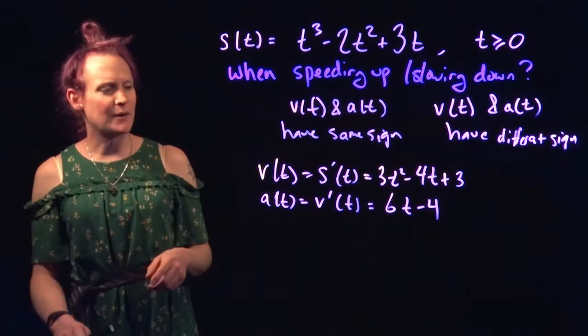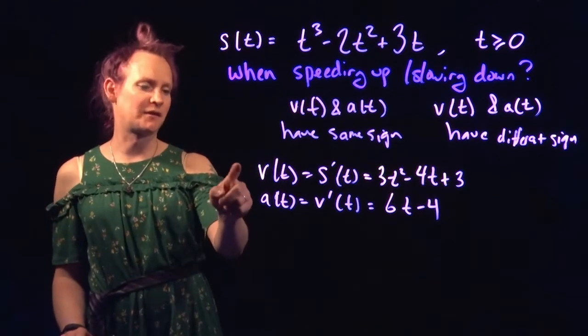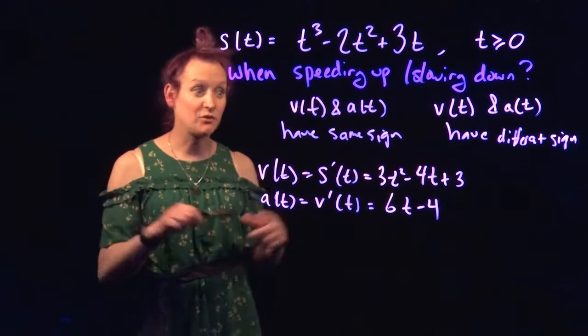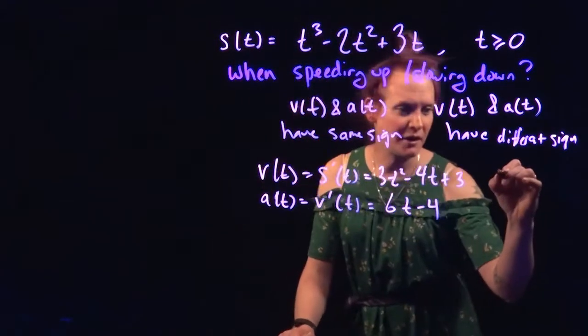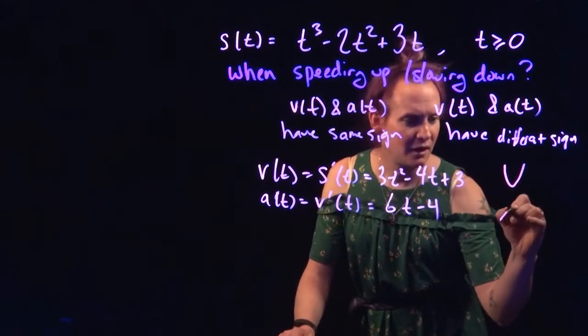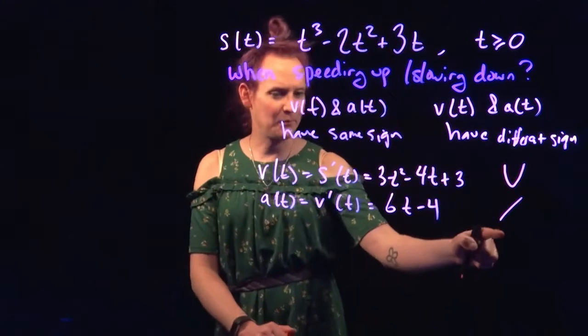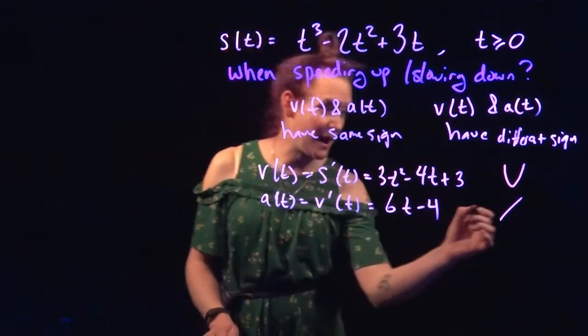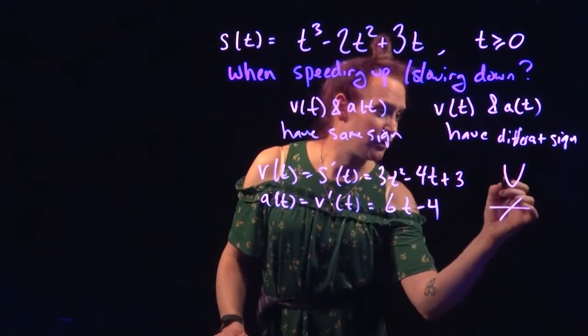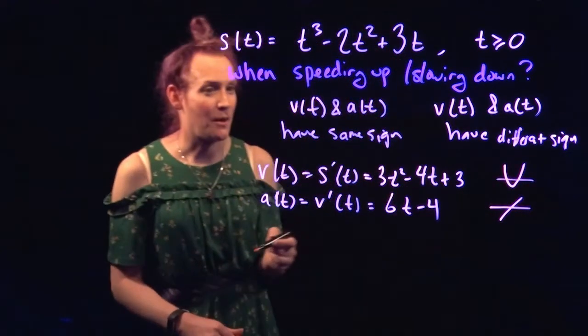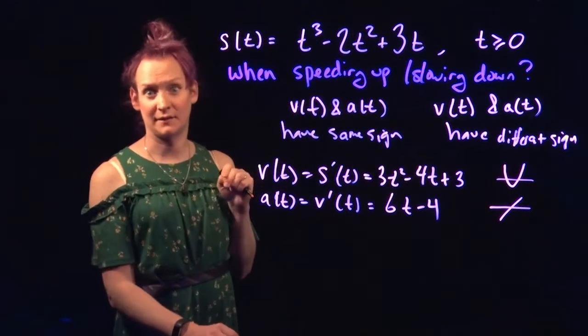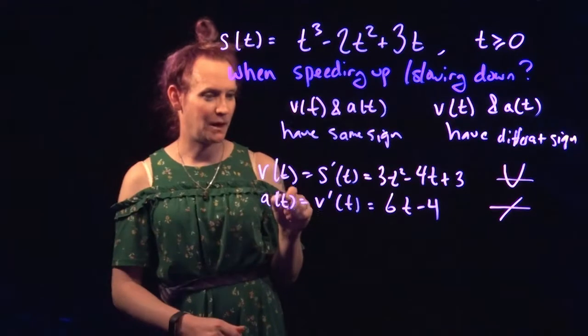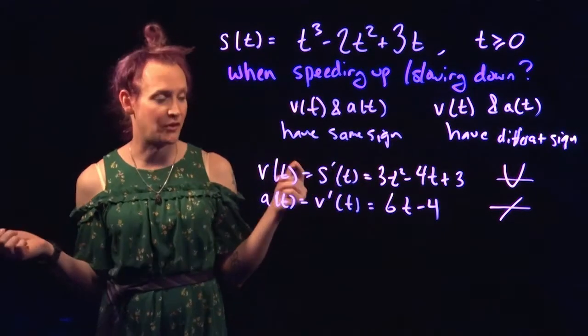Let's figure out when the velocity is 0 and when the acceleration is 0, and then use those to plot. I know that the velocity is going to be a parabola that looks like that, and the acceleration is going to be a line that looks like that. We just have to figure out where those cross the horizontal axis. Where do they have roots? So we're going to set them equal to 0 and solve.